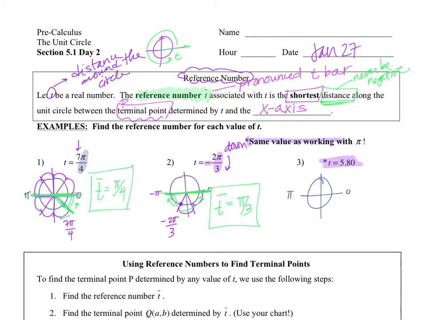But that decimal is the same as working with a value of pi. We know what pi is, guys. Pi is 3.14. So I labeled it pi out here, but that's the same as 3.14 on my unit circle. And all the way around the circle is 2 pi. So 2 pi is 6.28.